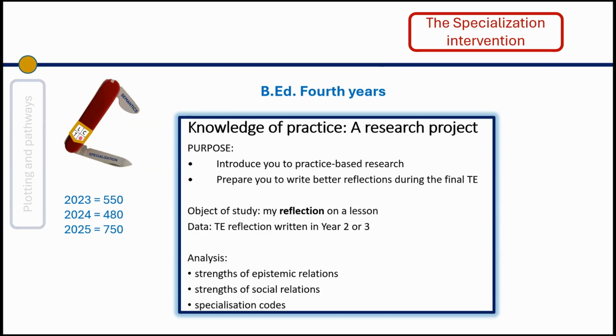That was done in our core course that all of the fourth year students take. We chose to use specialization because the student teachers at the Wits School of Education have been working with both specialization and semantics in some form all the way through their four years, as they develop as knowers.